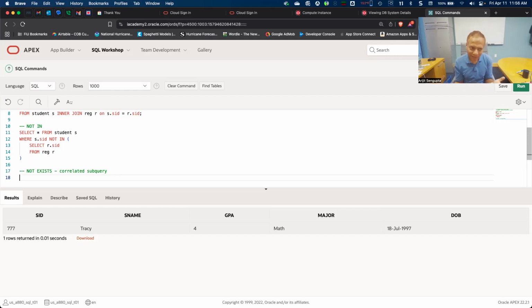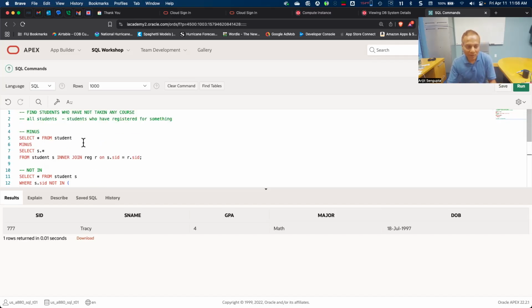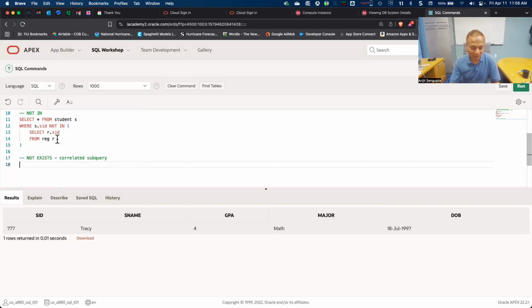This can get a little complex to understand. So if you do not understand this concept, you should be able to solve these queries with these other options. But let's talk about it. Some of you may get it pretty quickly.